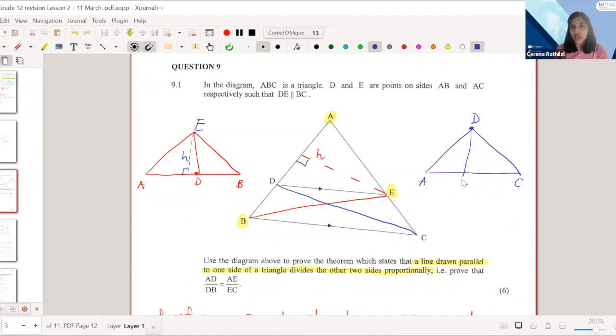So let's say that was E, so that's when D connected to E, and then what I want to do is a similar thing. I now want to draw the line that denotes the height. So from D perpendicular to the line AC, and we observe that I get another height. So that's height H1, and this one would be height H2.